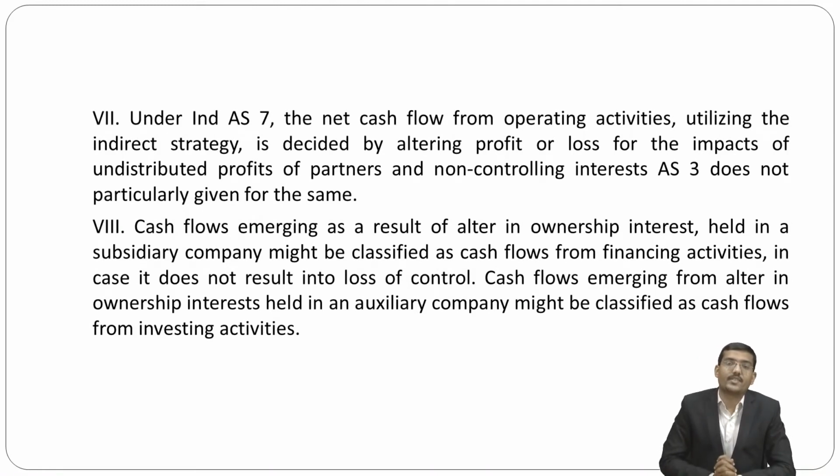As per the Accounting Standard 3, it does not particularly give the same. So there are quite a few differences between these two accounting standards, that is Accounting Standard 3 and Indian Accounting Standard 7.